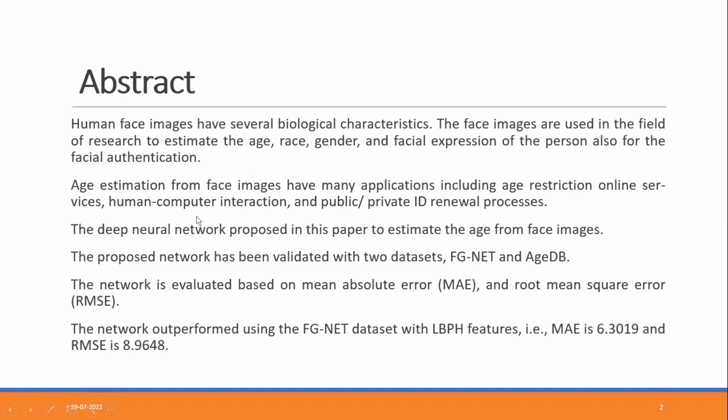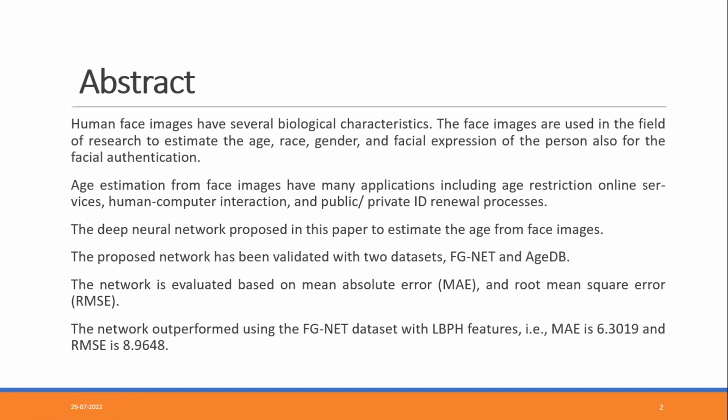In this paper, I use deep neural network layers and tune them, adjusting the hyperparameters, so that I get better age estimation results. I calculated these results on two benchmark datasets: one is called the FGNet dataset, and the second is the ADB dataset.